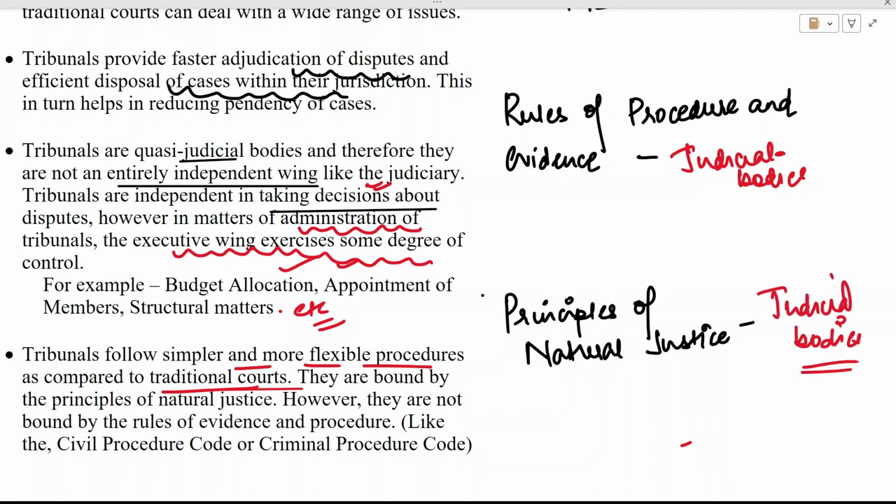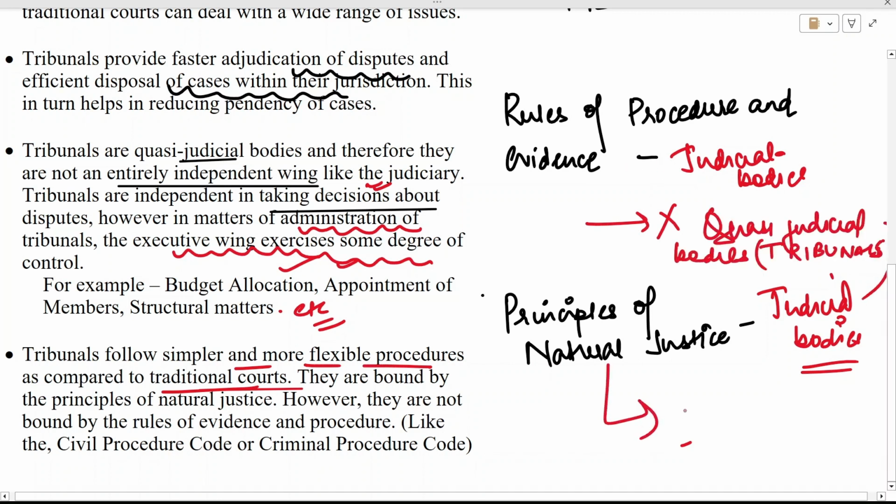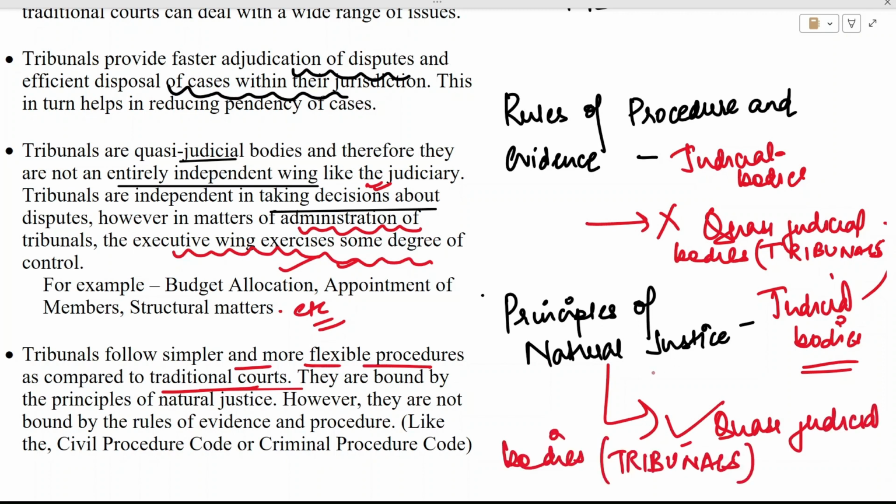But if you talk about tribunals, which are quasi judicial bodies, then they do not have to follow rules of procedures. Whereas for principles of natural justice, yes, quasi judicial bodies, tribunals, have to follow this. So tribunals do not have to follow rules of procedures and evidence, but they have to follow principles of natural justice.